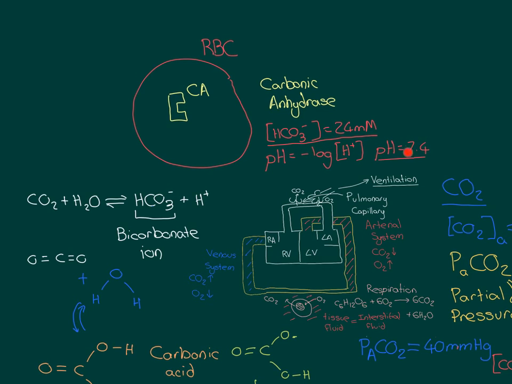Just take the negative of the pH, so negative 7.4, and raise 10 to that power. So the actual proton concentration would be 10 to the negative 7.4. That's the way of rearranging this equation for pH.